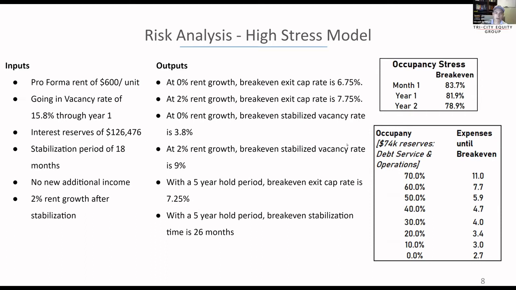One of the biggest things that I see, and we've run into in the past with our own personal deals, was underestimating the amount of liquidity and working capital you need at closing. I see most newer investors underestimate that amount. So it's definitely something where you put these high stress models in and then ask, how much cash do you need to have at closing to weather this storm?